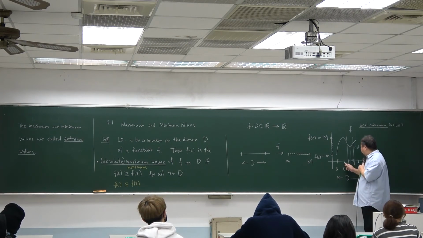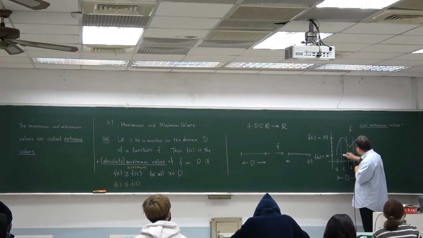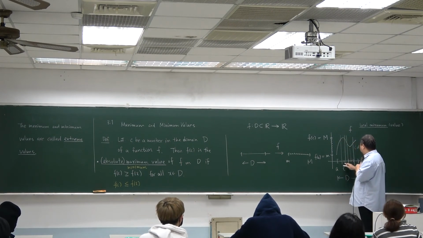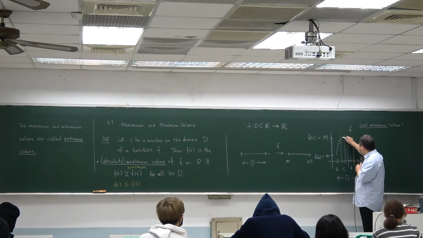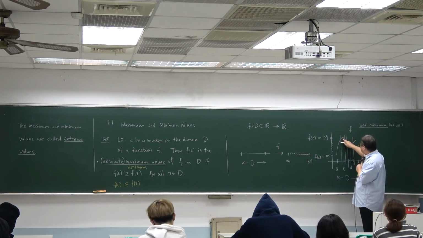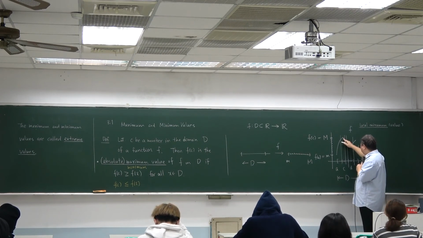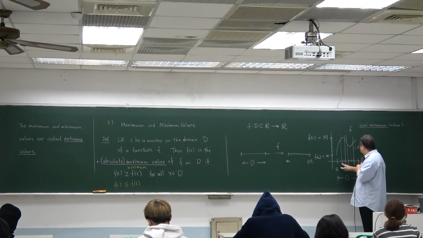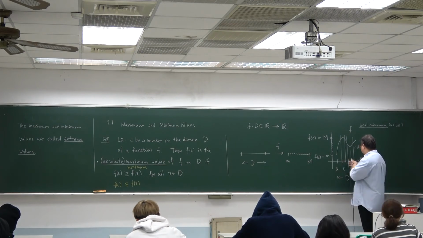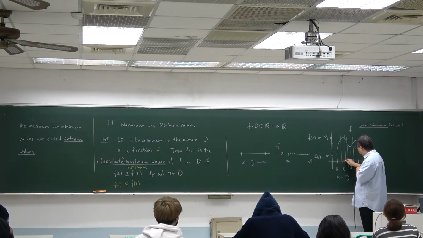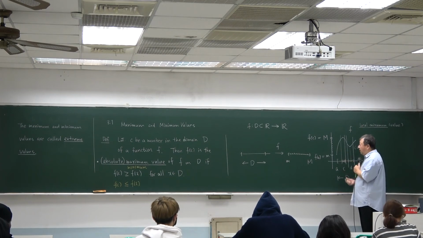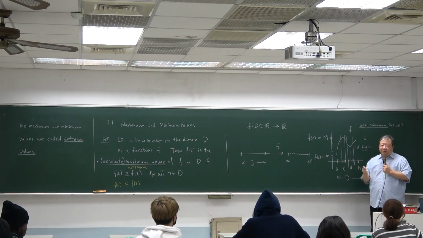Similarly, for this number c, though this number is the global or absolute maximum, this number is also the greatest, the maximum of this function on some neighborhood of c. In fact, this neighborhood may be pretty large, but local means we don't need to consider the large radius.